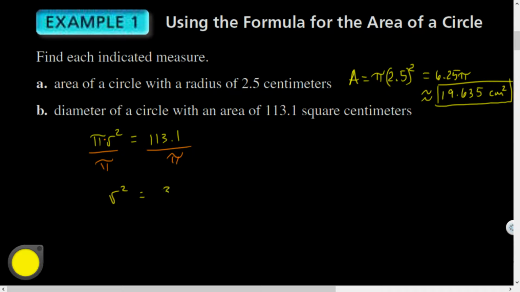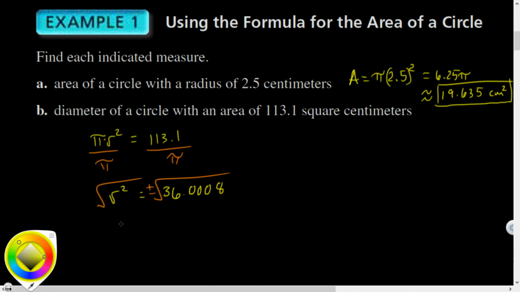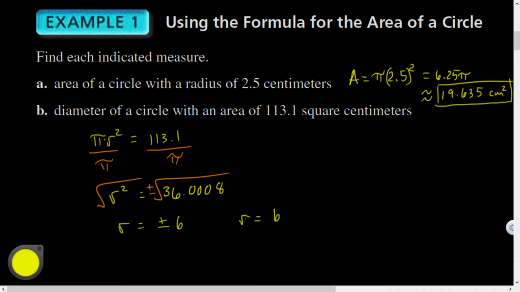I get 36.0008. We'll call that 36 for the sake of our accuracy here. Root both sides, plus or minus. Don't forget it. The algebra will give me a radius of plus or minus 6, but the geometry, I would only have a radius of 6, okay? Because you can't have a negative radius.